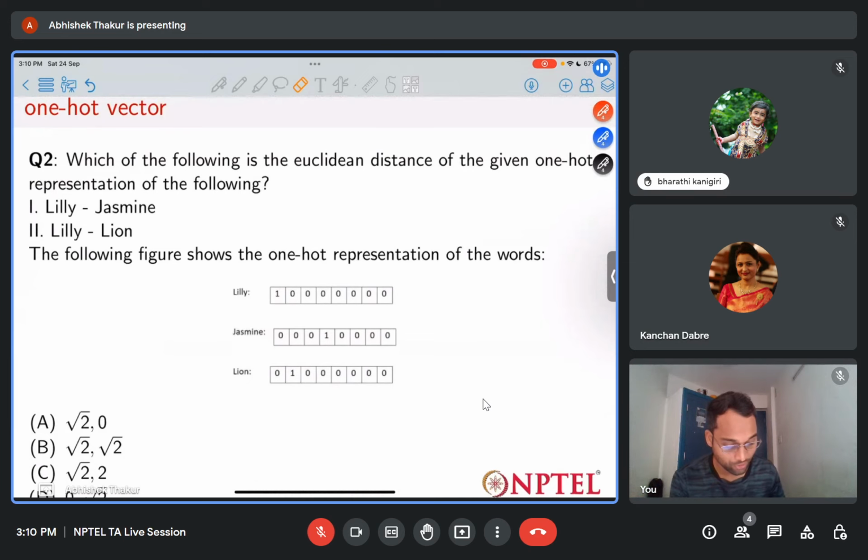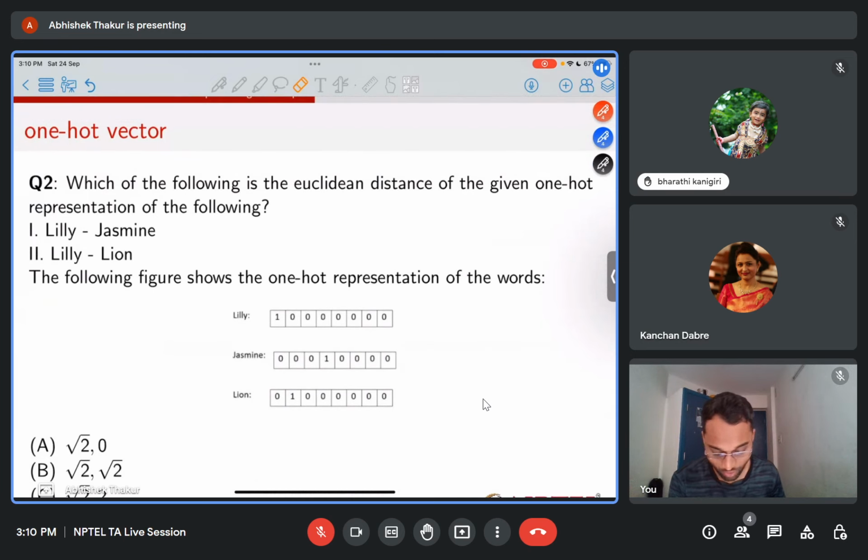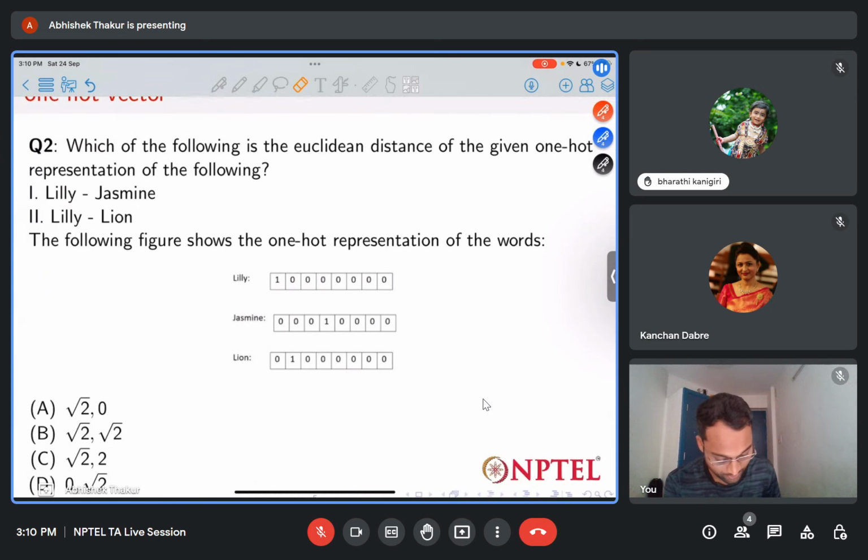Which of the following is the Euclidean distance of the given one-hot representation? So this is the vector representation of the word lily. Second is the vector representation of the word jasmine, and third is the vector representation of lion.